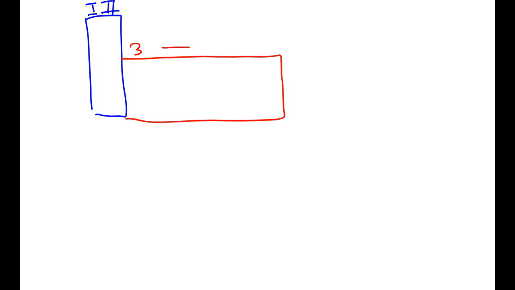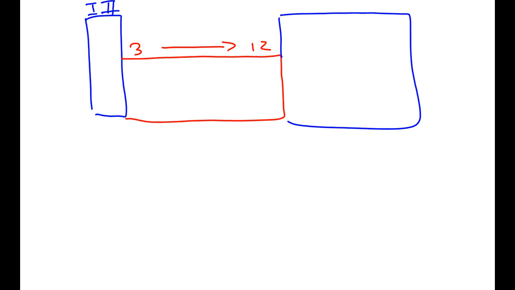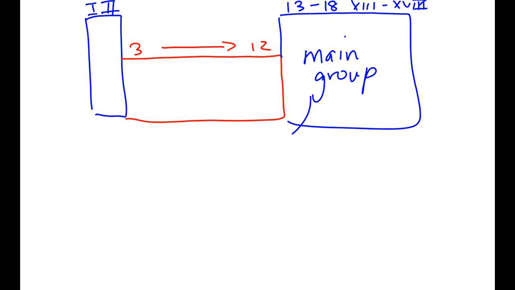Then we've got 13 to 18, or Roman numerals, XIII to XVIII. Okay. So, the blue part's called the main group elements. This part here are called the transition metals.